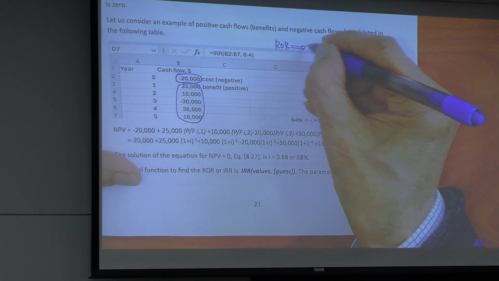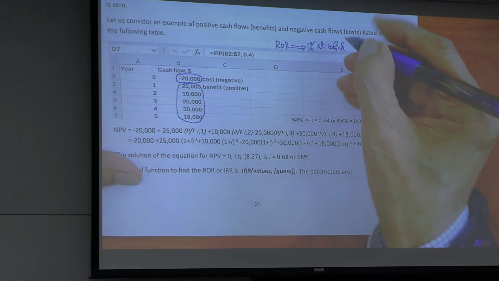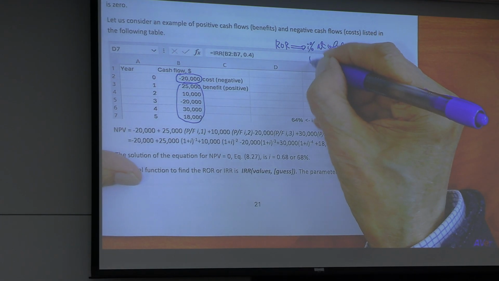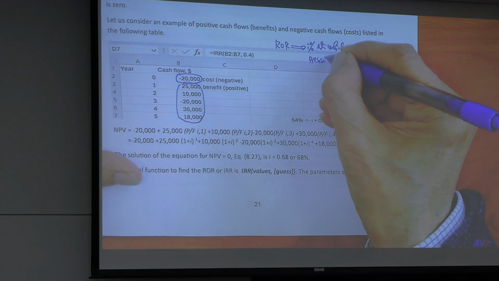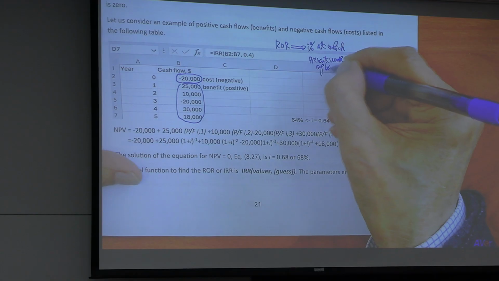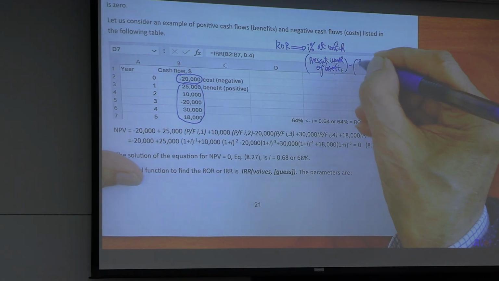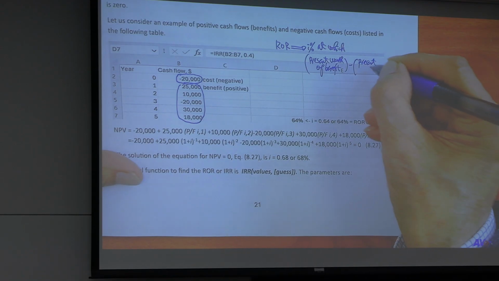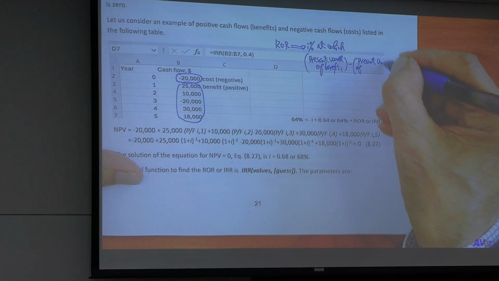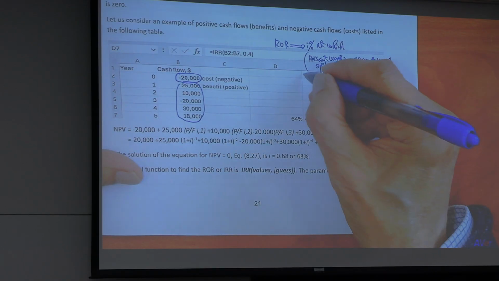That gives you the i% interest rate at which the present worth of benefit minus the present worth of cost equals 0.